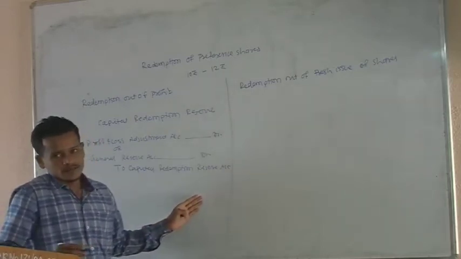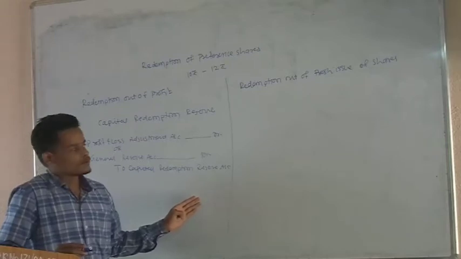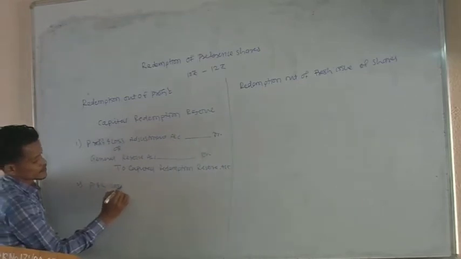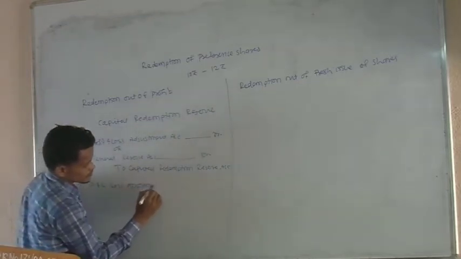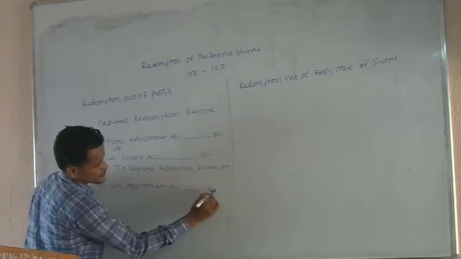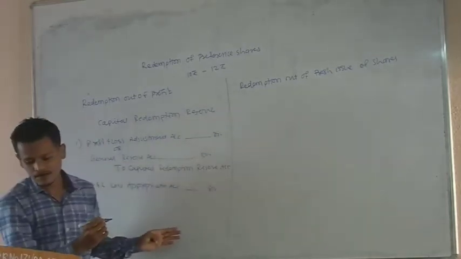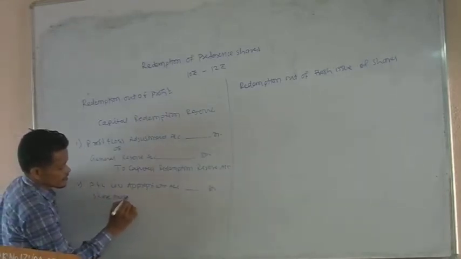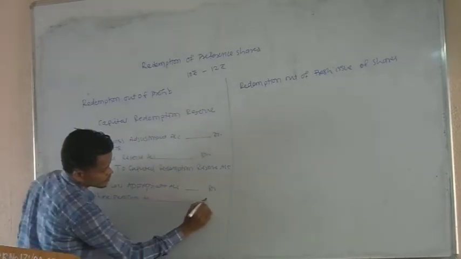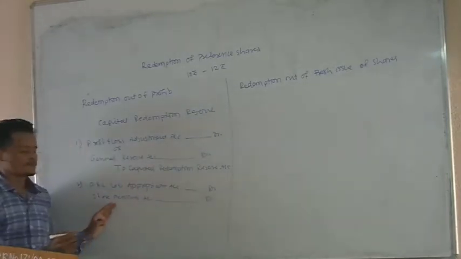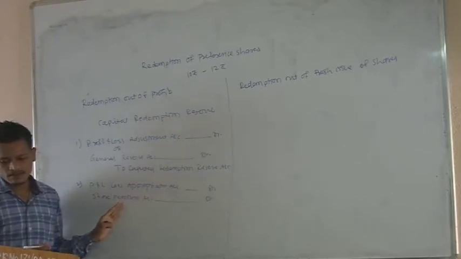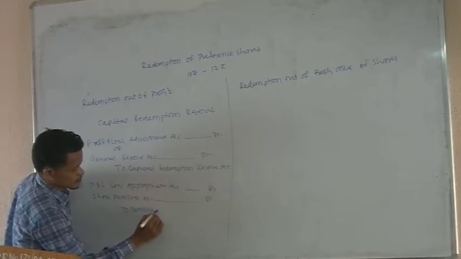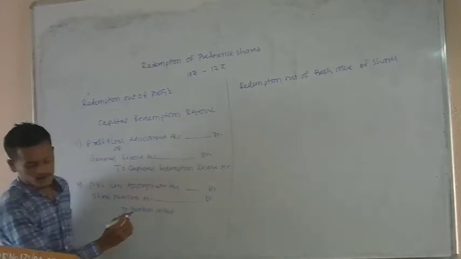If the organization is paying the premium amount from the profit and loss appropriation account, then the entry is made: profit and loss appropriation account debit. And if there is a separate share premium account, then that share premium amount is used, so share premium account is debited and that amount is transferred to premium on redemption of preference share account.